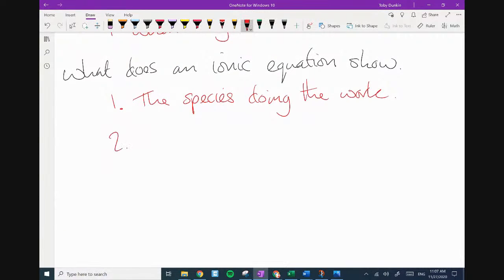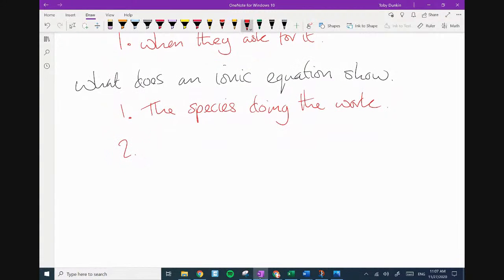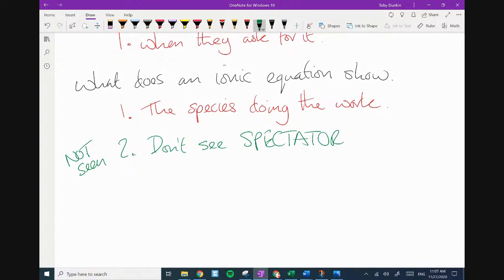So what does an ionic equation show? The species doing the work. And number two, I'm changing my color because this is the opposite, not seen: what are called spectator ions.